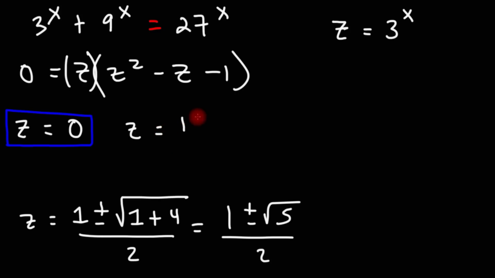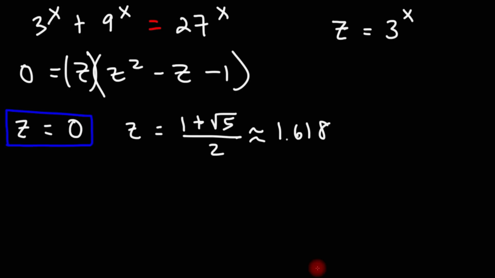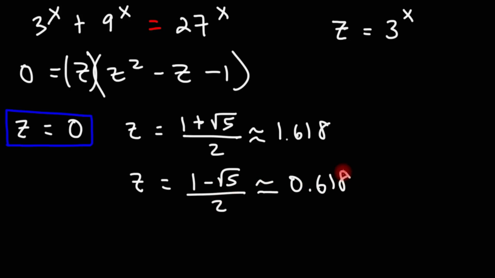So Z is 1 plus the square root of 5 over 2, which is approximately 1.618, which turns out to be the golden ratio in the Fibonacci sequence. And the other one is Z is 1 minus the square root of 5 over 2, which is approximately negative 0.618.